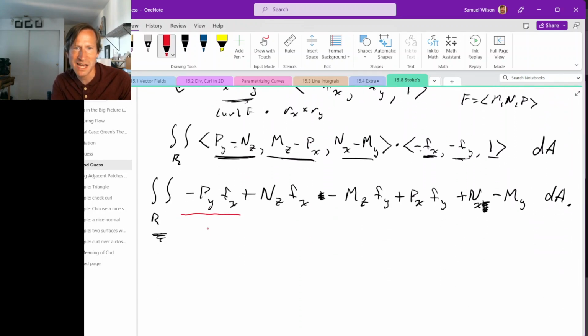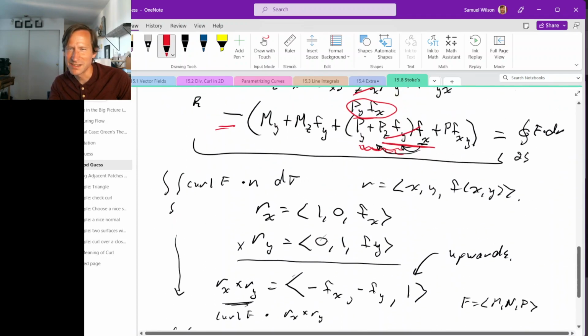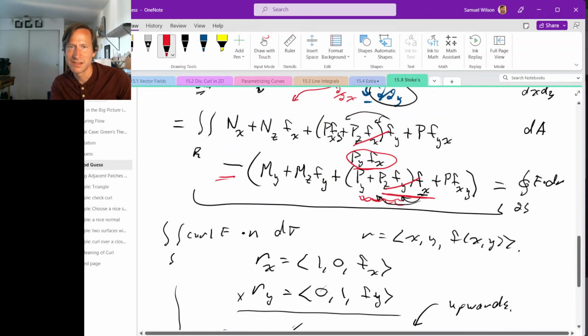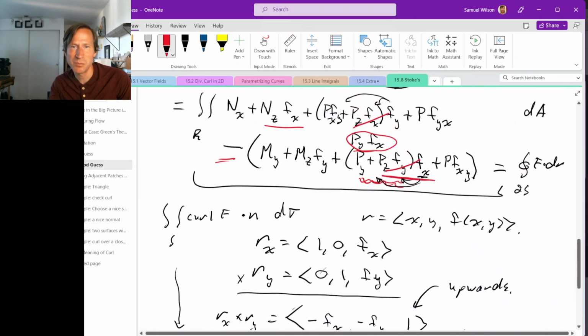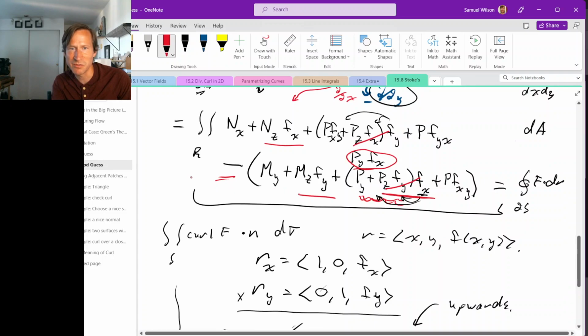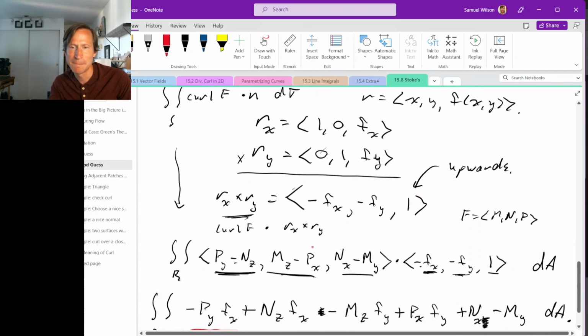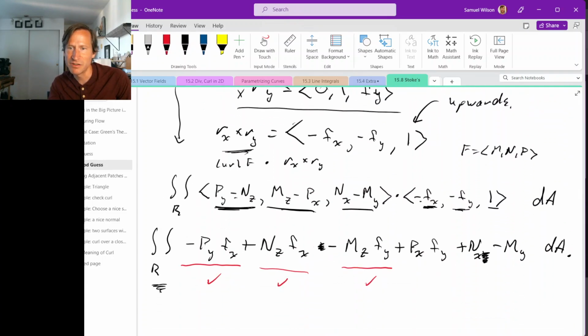Okay, so this one matches. N sub z f sub x: there's an N sub z f sub x. This one we have minus M sub z f sub y. That one's right here, right? Remember the minus sign is over there. Okay, so this one's taken care of.